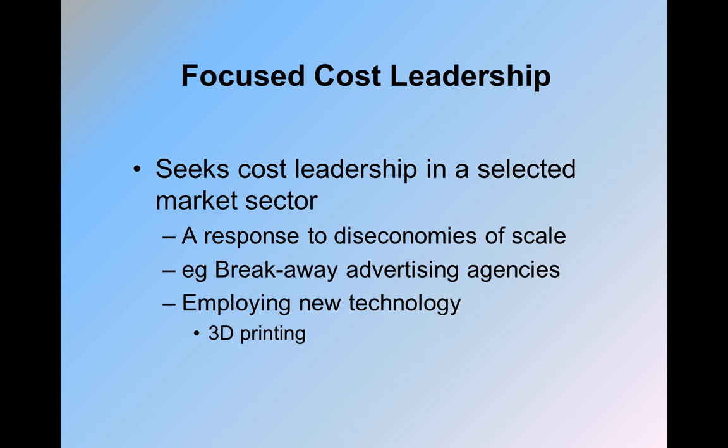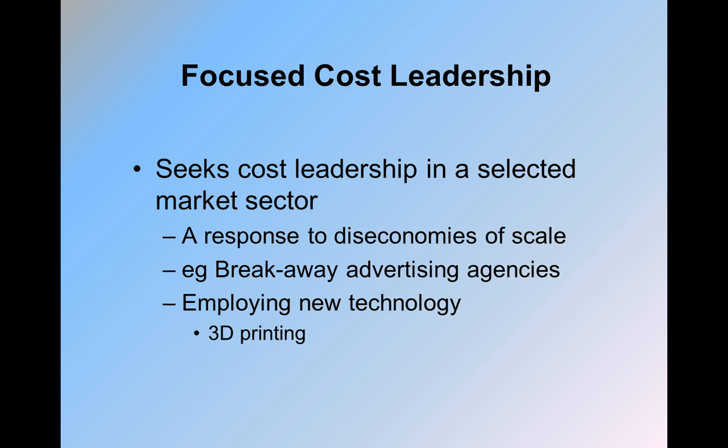As we can often see in other approaches, embracing new technology or implementing new technology is a way to overcome competitive barriers. And a good example of new technology coming along is 3D printing.